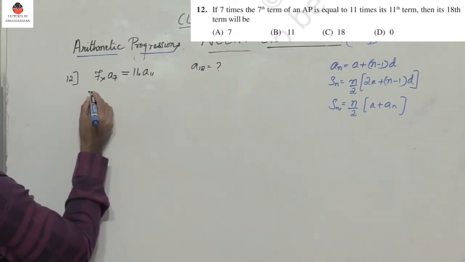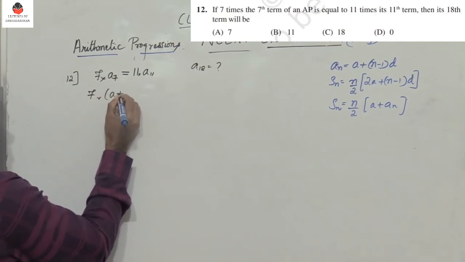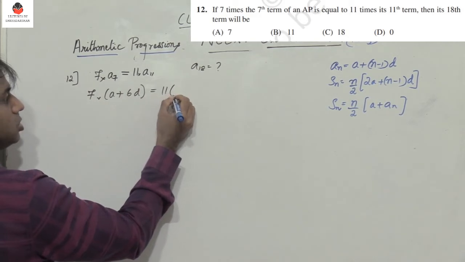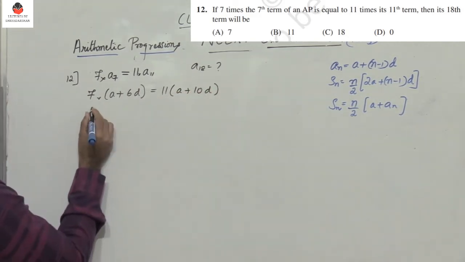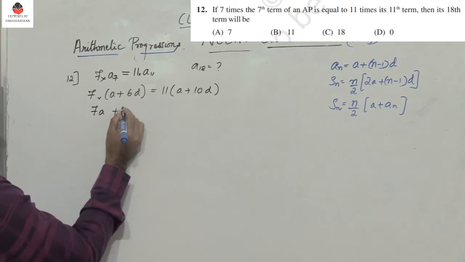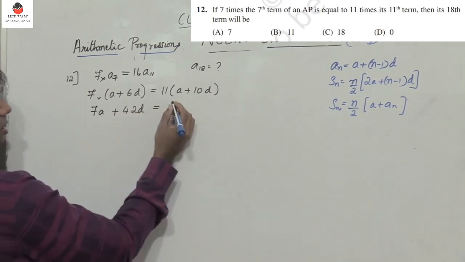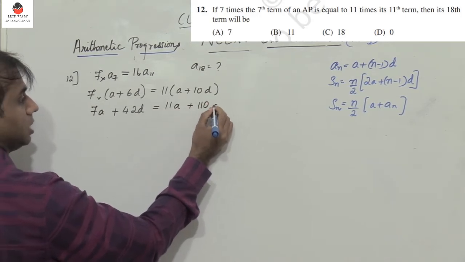Given this equation, I have 7 into A plus 7 minus 1, which is 6D, equals 11 into A plus 11 minus 1, which is 10D. So you have 7A plus 42D equals 11A plus 110D.